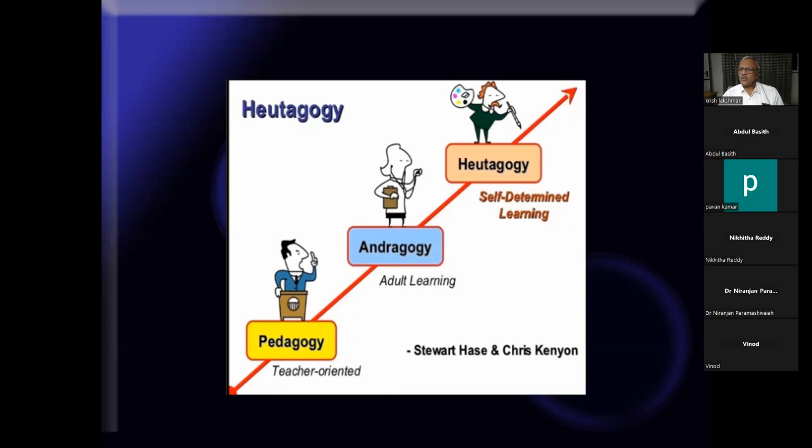The teacher decides what the student should know, and he controls everything. Andragogy is adult learning, the thing that I just mentioned, where it is the learner who decides what it is, and the teacher is a facilitator in that. So what we do at the postgraduate level is andragogy, and it has now been superseded by heutagogy.